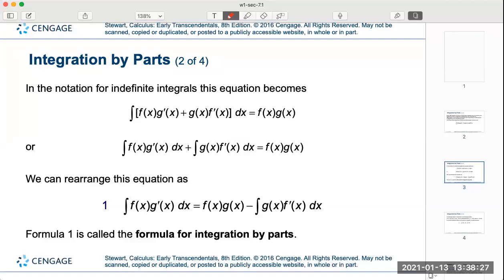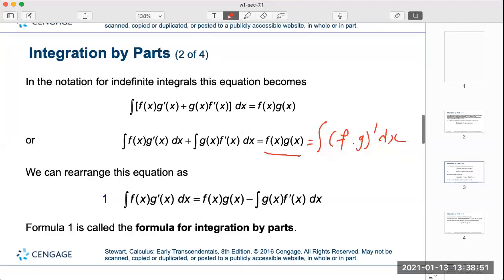The right-hand side is the integral of f g prime here, right? Integral is antiderivative. And finally, it gives us f times g here. Basically, this is the entire section. Just memorize this.